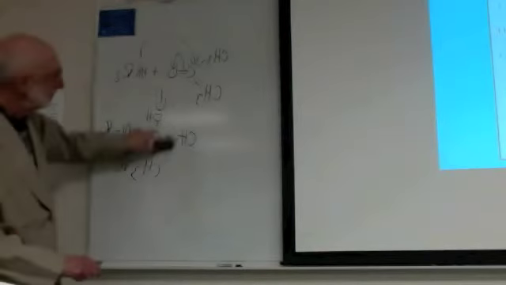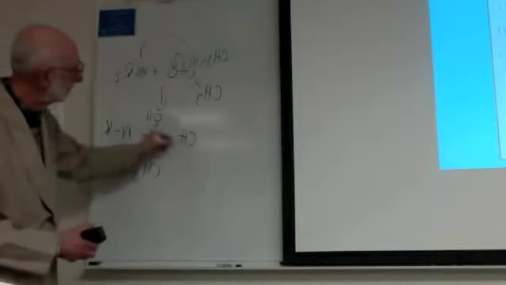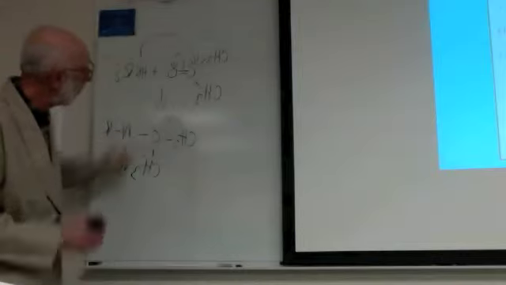So this thing is still dying to lose water, so guess what it does? The OH is not going to lose a hydrogen from this because there isn't any. Is there a hydrogen next door to this carbon? There it is. So what happens is one of these goes along with the OH, and voila.